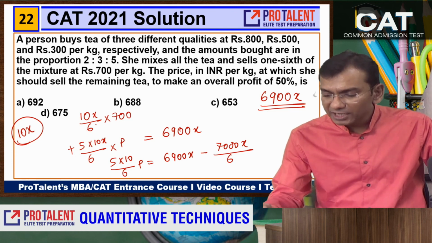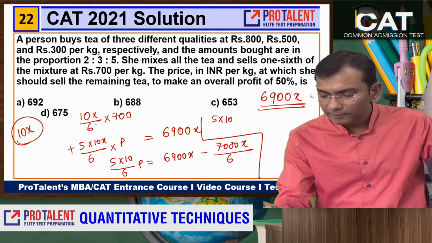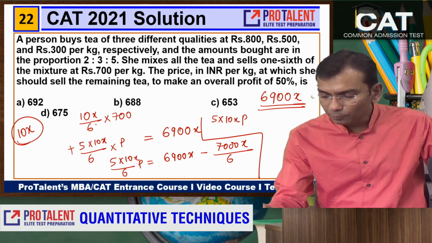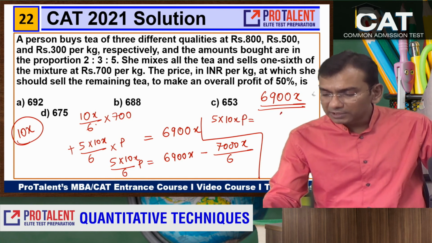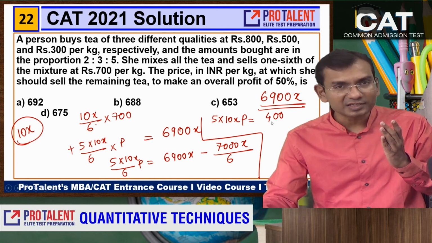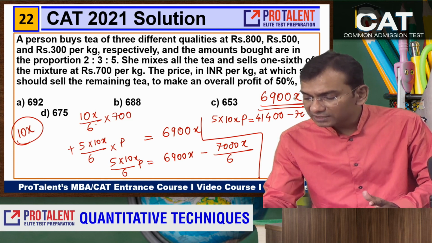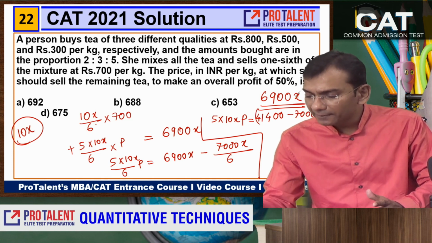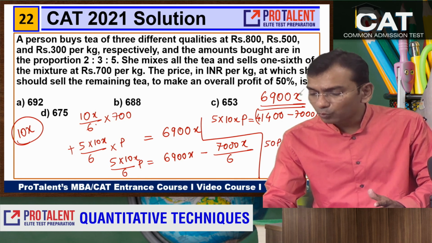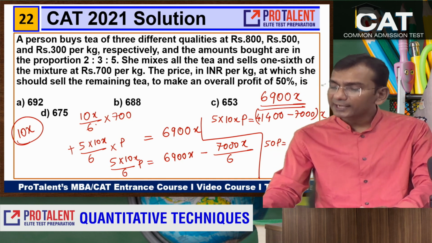So thereby my equation will become 5 into 10x into P is equal to 6 9s are 54, 6 6s are 36 plus 5 is 41, 41400x minus 7000x. The x will cancel. I get 50P is equal to 41400 minus 7000.